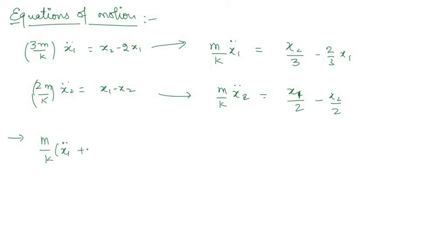x1 double dot plus x2 double dot is equal to x1 by 2 minus 2 by 3 of x1, and the second will become x2 by 3 minus x2 by 2.